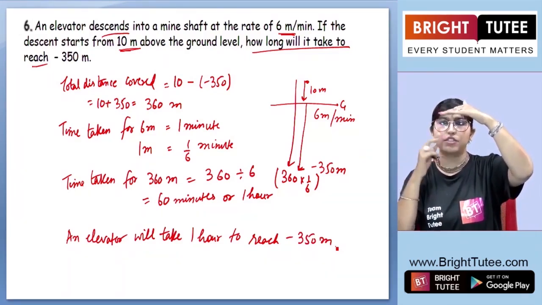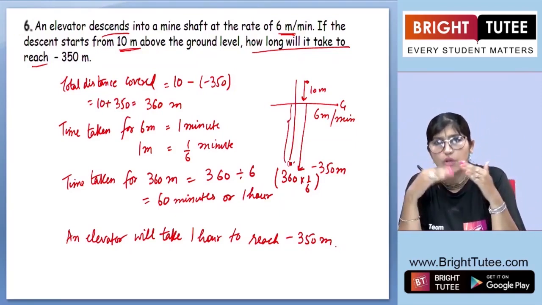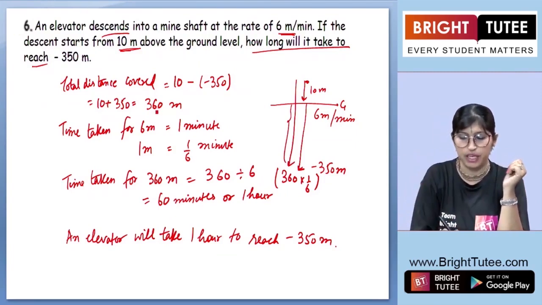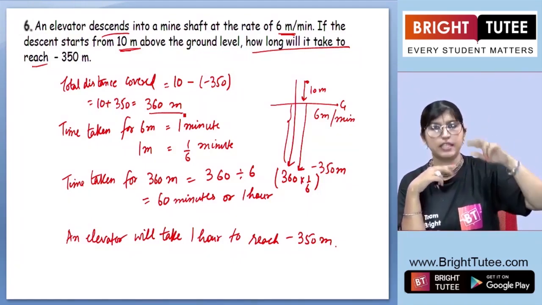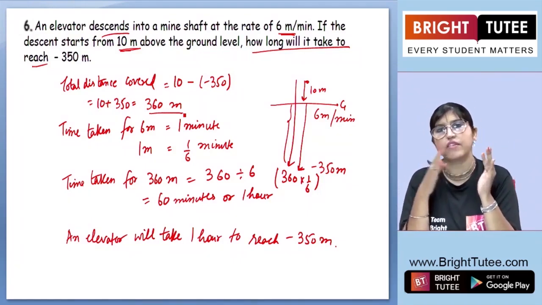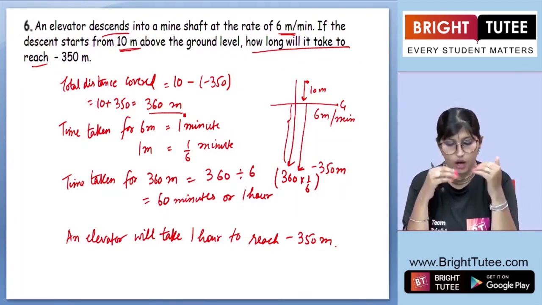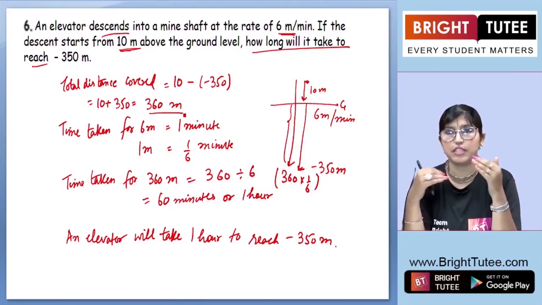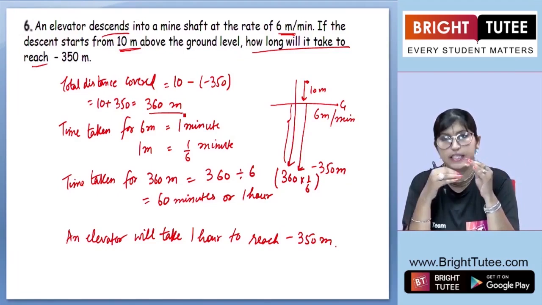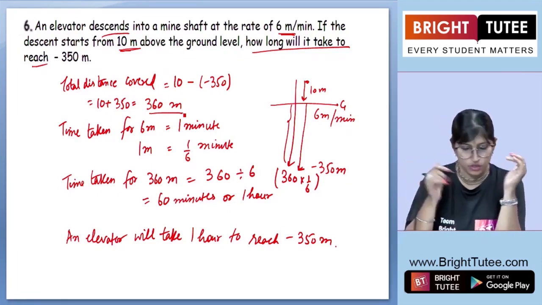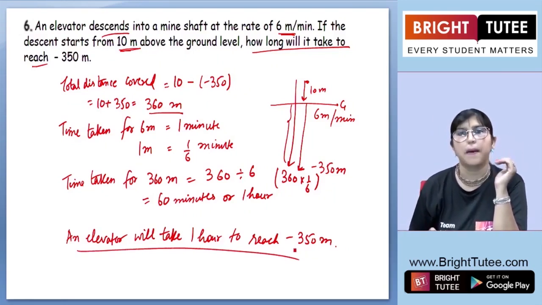So 10 minus of -350, which is below the ground level, once we do it, we'll be getting 360 meters. So the distance which we covered is 360 meters, and we know the time taken for traveling 6 meters is 1 minute. So for traveling 1 meter it will be 1/6 minutes. How will we get the time taken for 360 meters? 360 divided by 6, which will be 60 minutes or 1 hour. So an elevator will take 1 hour to reach -350 meters.